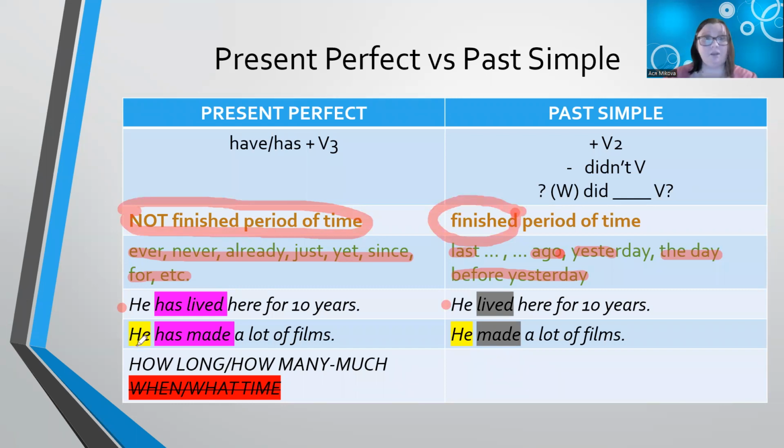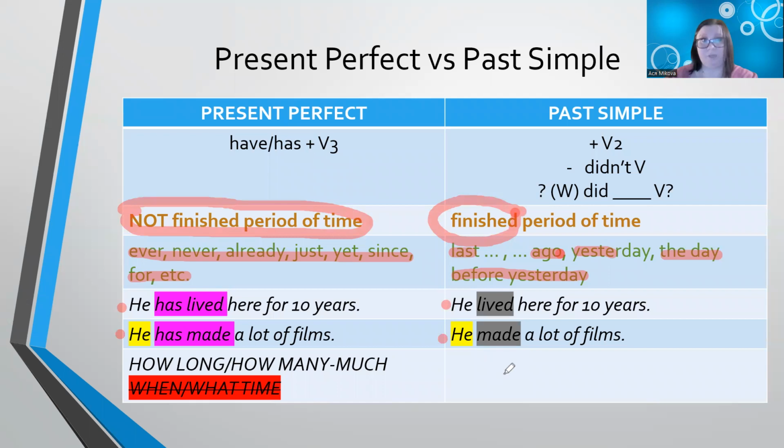He has made a lot of films, and he made a lot of films. Who is he in each sentence? Obviously, some kind of director. But can you give the names, the examples?